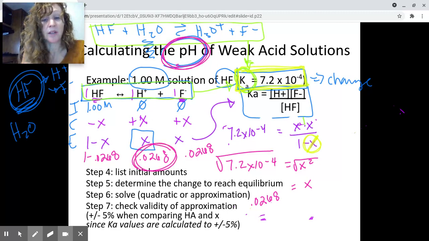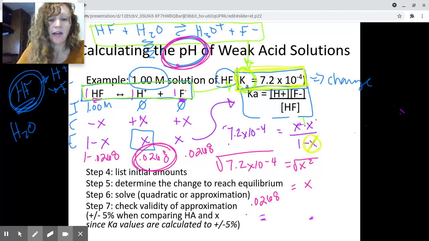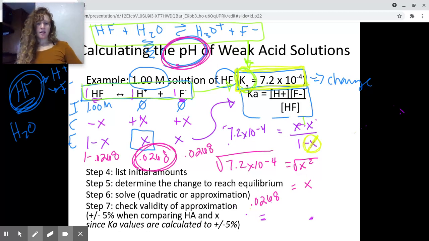Now, before we plug that into the pH equation, let's check the validity of our approximation, right? If I take 1 and subtract off what I just found, 1 minus 0.0268, and I divide it by 1, is that 5% or less? Yeah, that's 5% or less. So I can make this approximation.